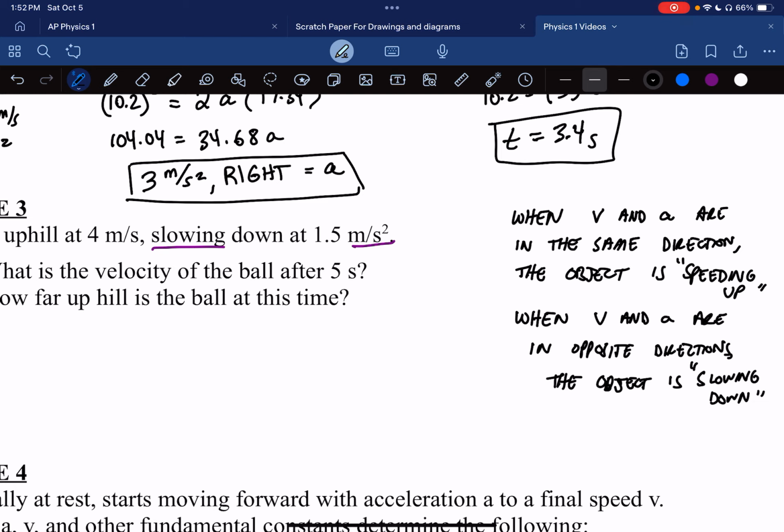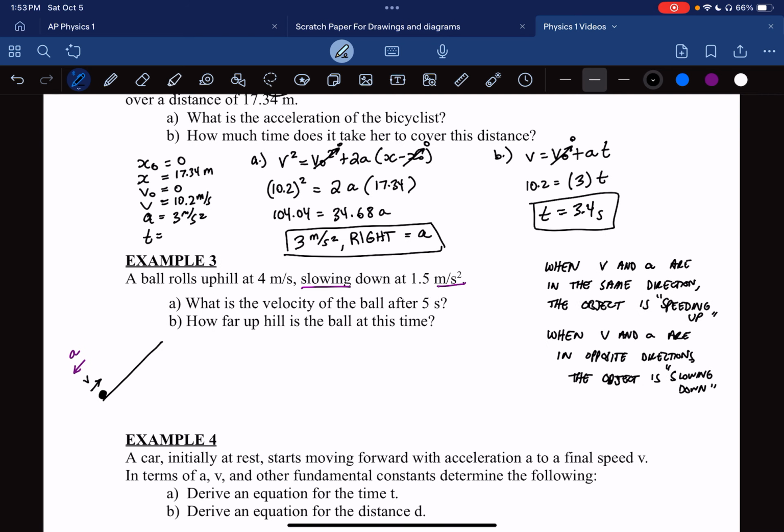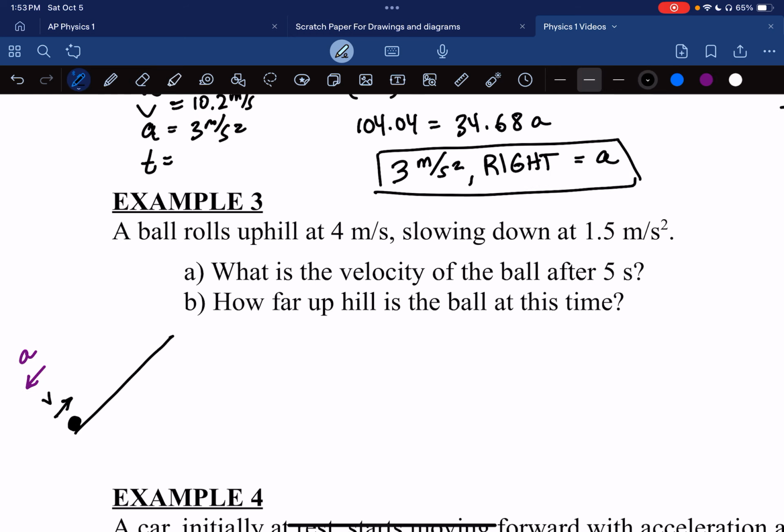Sorry for the handwriting. I hope you can just hear me and write from how I'm speaking. So the acceleration back with example 3 must be going the opposite direction. So even though they tell us it's 1.5, it really should be negative 1.5. Let's make our list.